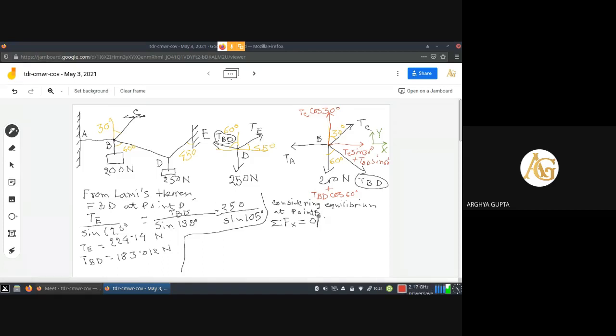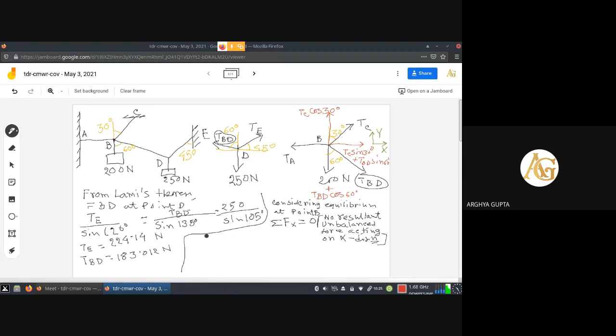That means no resultant unbalanced force acting in the x direction.